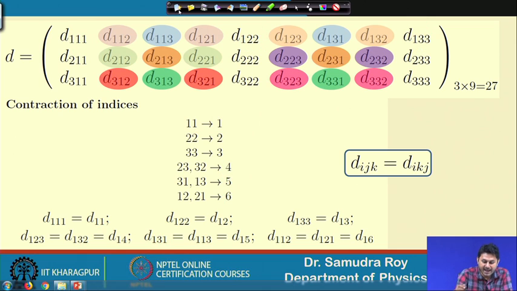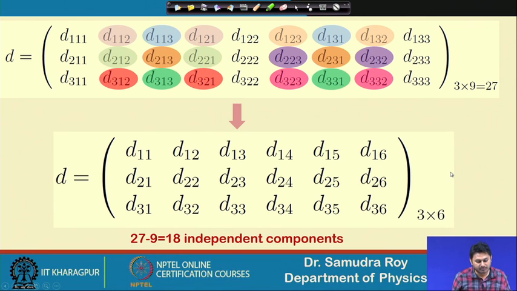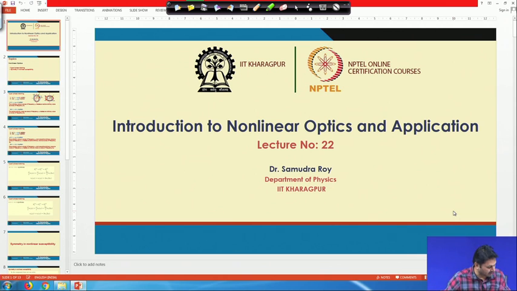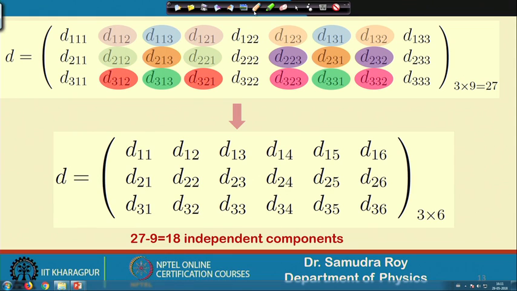Once we have this contraction, the D matrix becomes more compact, and this is the final compact form of the D matrix. Initially we had 27 components, and now we have 18 different components. Here we have 1 2, 1 3, 1 4, then 2 1, 2 2, 2 3, 2 4.